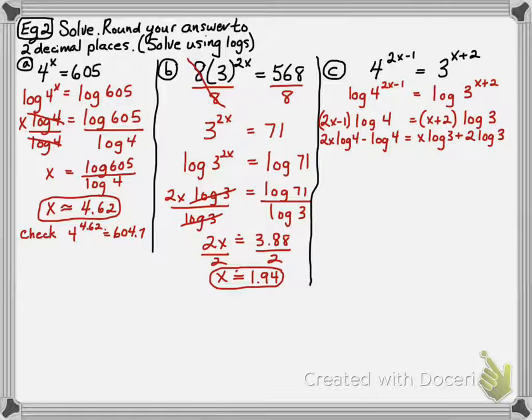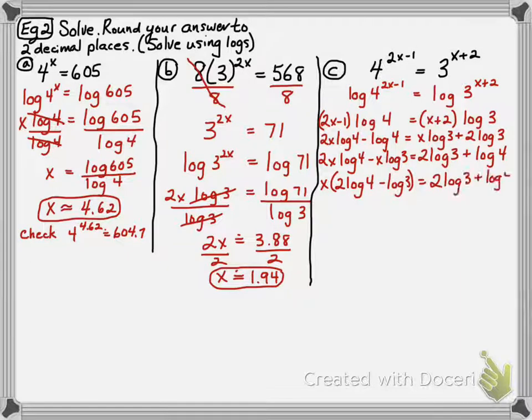Now we want to bring the x's over to one side so we can isolate them and solve for x. So I'm going to subtract x log 3 from both sides, and then I'm going to add log 4 to both sides. 2 log 3 plus log 4. Now what I can do is factor an x out of the first two, and I'm going to get x times 2 log 4 minus log 3 is 2 log 3 plus log 4.